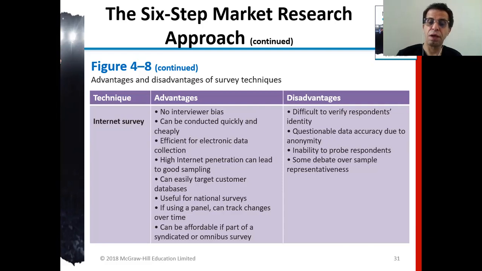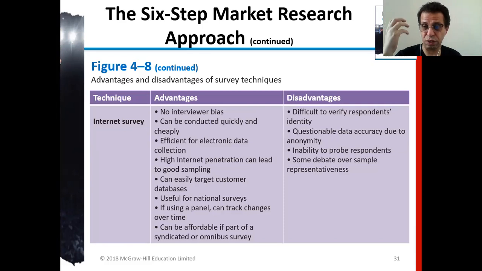The difficulties here: it's difficult to verify the response identity once again, just like mail. There's questionable data accuracy due to the mostly anonymous nature. You don't know who the person answering is. If you put the names, they might not answer at all. There's an inability to probe some responses.